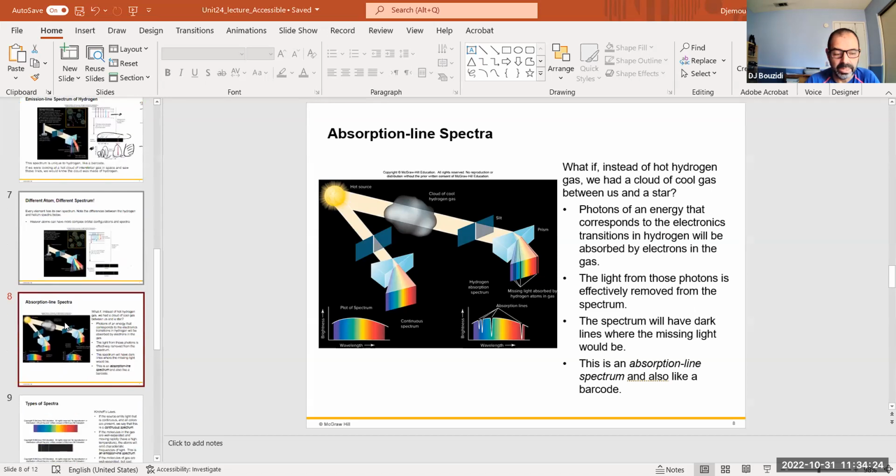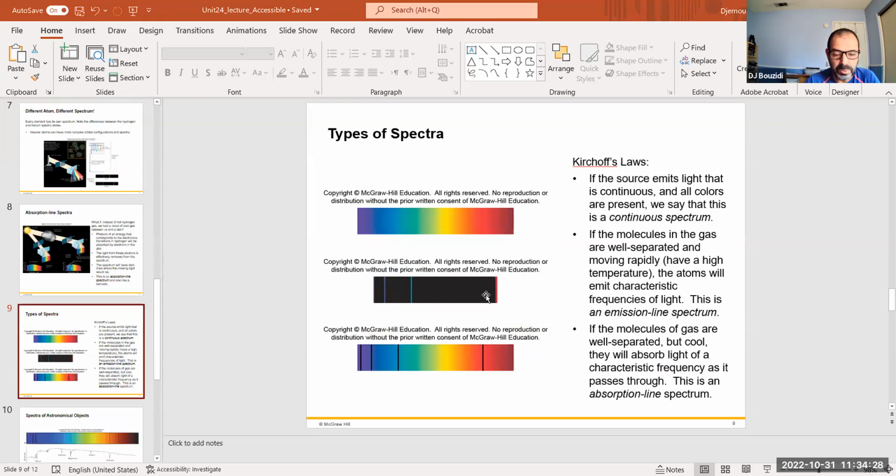So this is an absorption spectrum. The difference between an absorption spectrum, which is this one, and the emission spectrum, which is this one, is that the lines missing in the absorption spectrum are the same lines showing in the emission spectrum, versus the entire continuous spectrum. So in this one, there is no gas between us and that star or source of light.